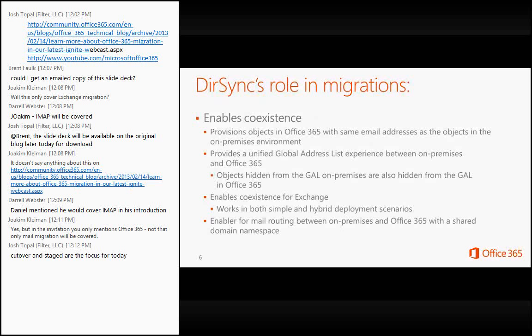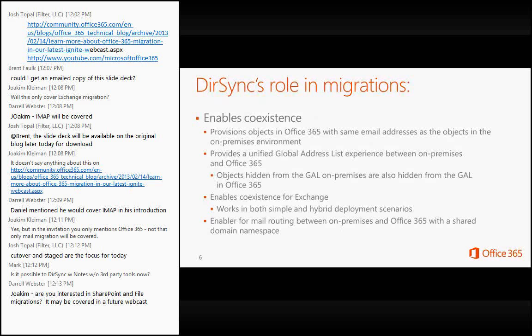So any objects that you create on premise, Directory Sync would then connect into your tenant, or you would connect Directory Sync to your tenant, and then essentially give you that unified GAL. So new users, new contacts, new distribution groups will be created on premise and then synchronized to Office 365. And obviously when you move that first user to Office 365, Directory Sync has been in place, and therefore that one user in Office 365 can now see the global address list for everybody on premise.